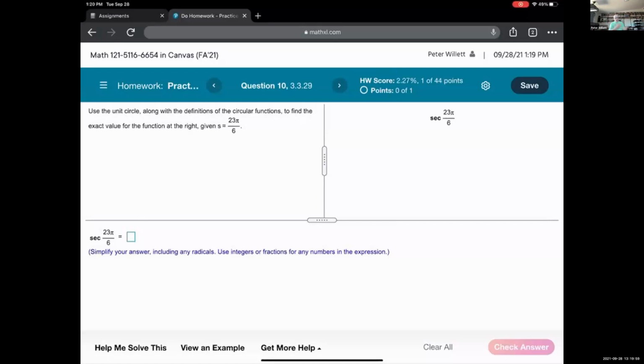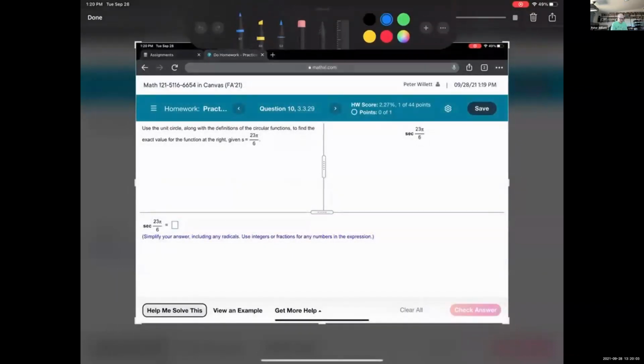Okay, so again, the first thing I would suggest that we think about here is that you're considering theta equal to 23 pi over 6. And so the hard part would be to figure out where the heck that is on the circle. And then from that, we can just figure out the x or the y value of the point using our little triangle math things that we've done before.